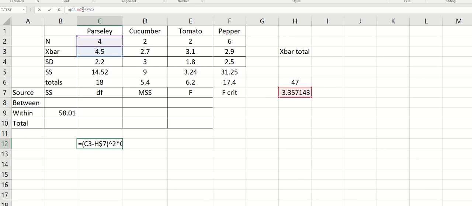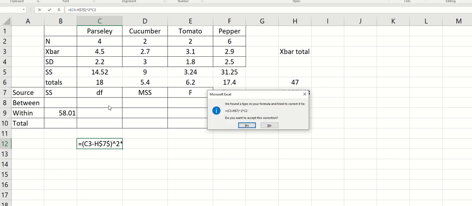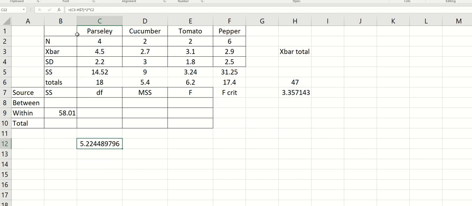This way the formula isn't affected. Okay, awesome. Now I'm going to drag this for the 4 cells.